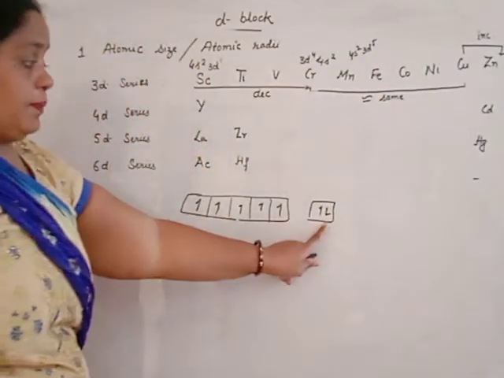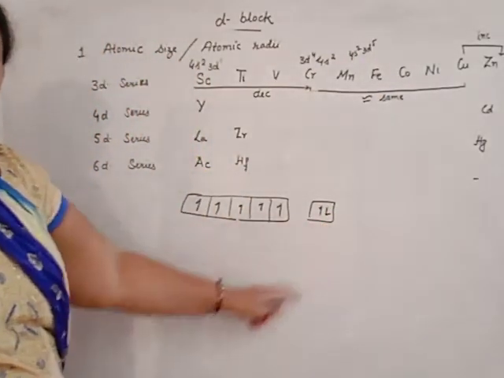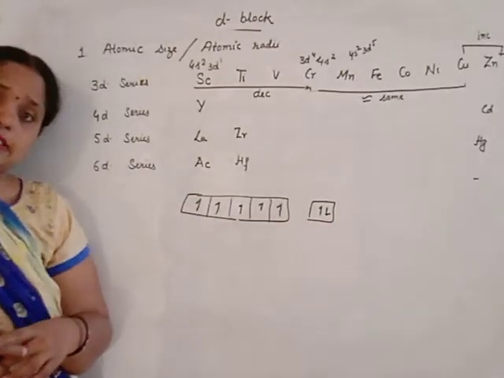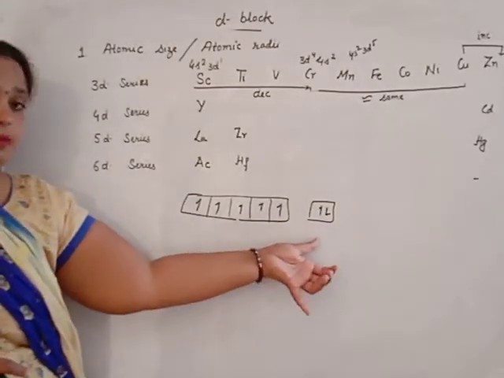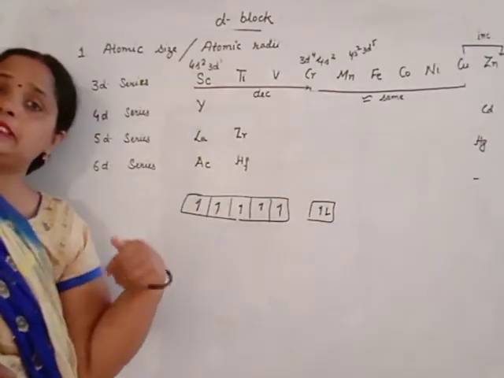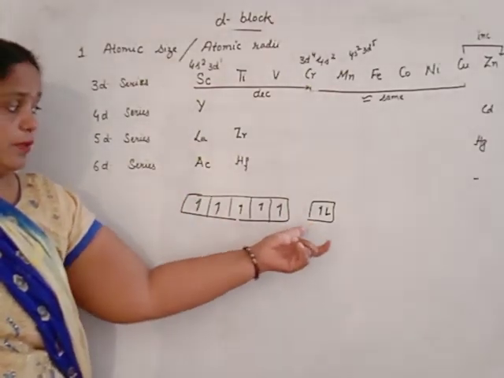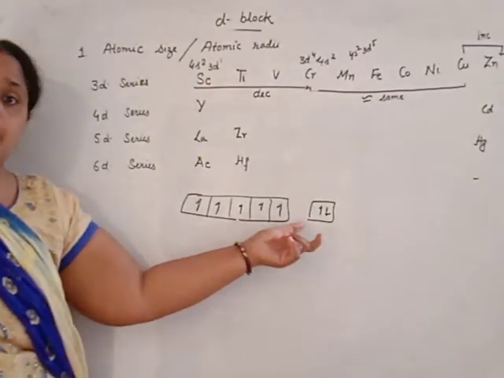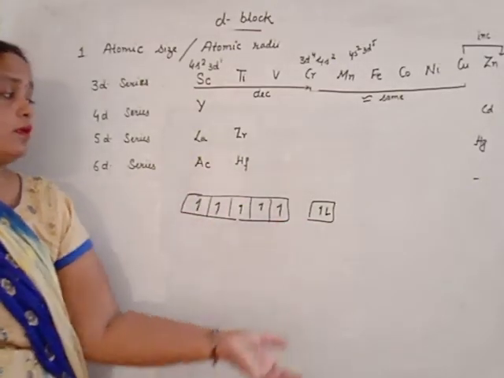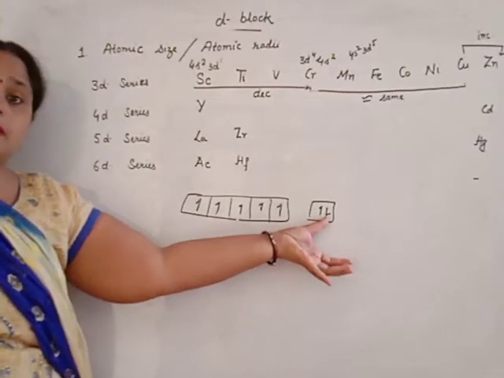There is repulsion. As the atomic number increases, the number of protons inside the nucleus increases, and the number of electrons in the outermost shell increases. By increasing the number of electrons, electron repulsion increases.